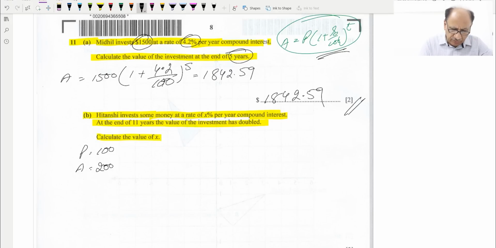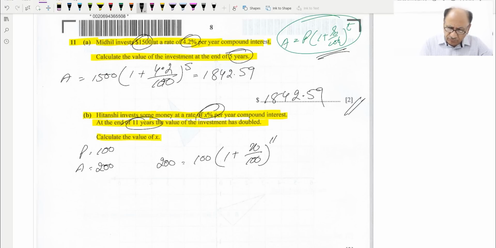So 200 will be equal to 100 into (1 plus X over 100) raised to the power of the time duration, which is 11 years.